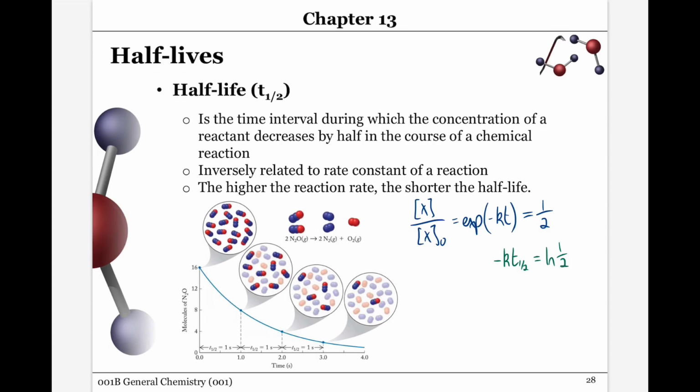And then we can rearrange this to get an expression for our half-life. t1/2 is equal to minus the log of 1/2 divided by the rate constant. And this is true for any first order rate process.